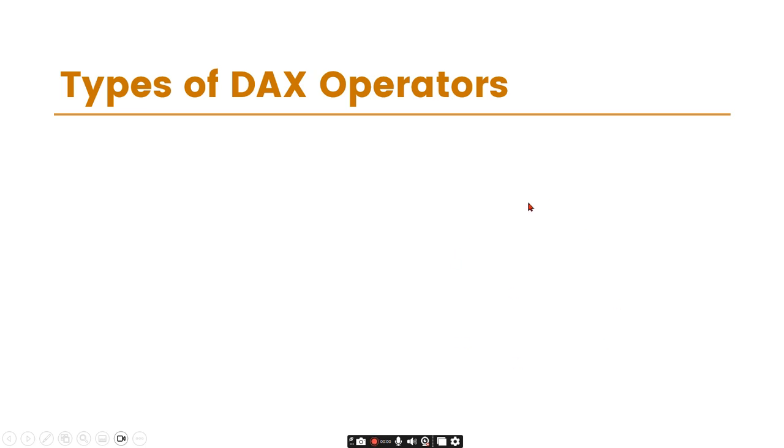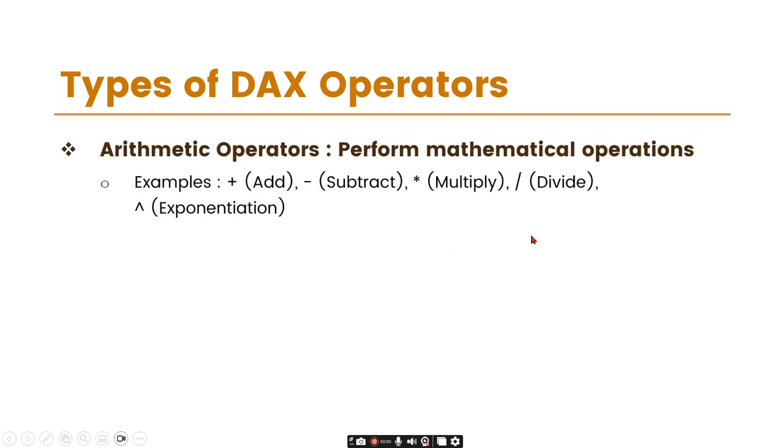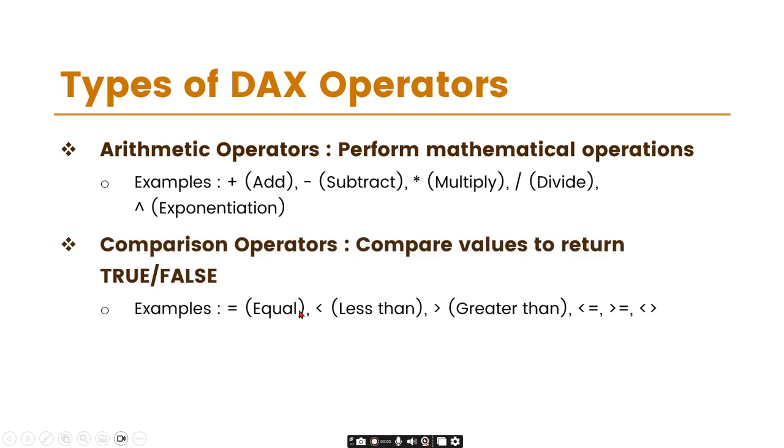Mainly we use the arithmetic operators to perform mathematical operations. For example, we have plus for add, minus for subtract, multiplication, divide, and we also have the caret symbol, which is used for to the power of, or exponentiation.